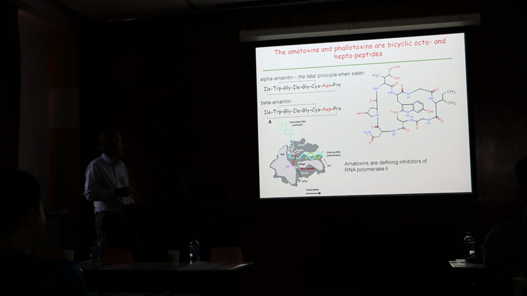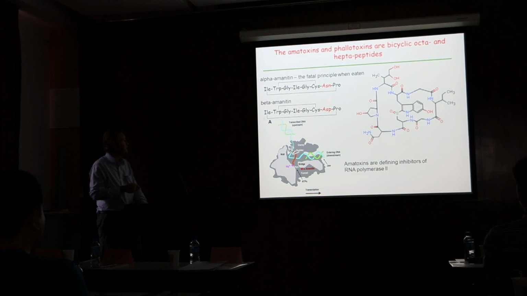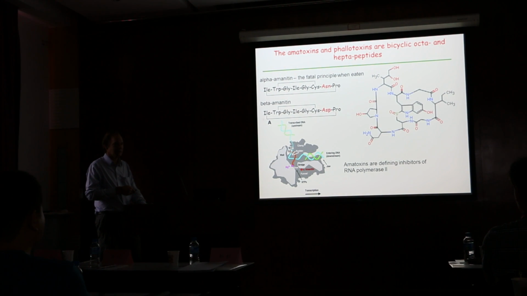This is why the Amanita mushrooms are so toxic, due to alpha-amanitin and related molecules like beta-amanitin, which differs by a single amino acid. The reason they're so toxic, as you know, is because it's a strong inhibitor of this enzyme called RNA polymerase II, which is responsible for making all of the messenger RNA in eukaryotic cells.